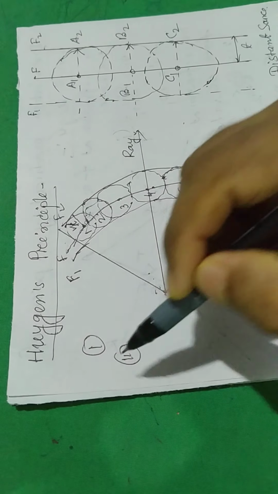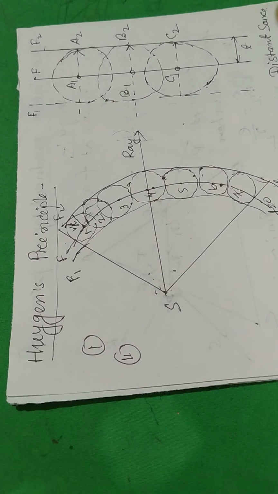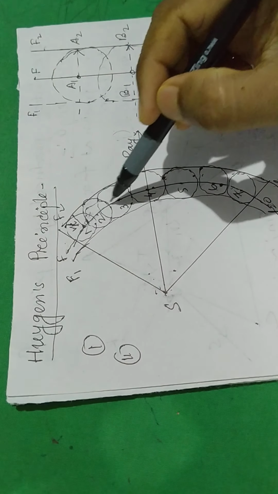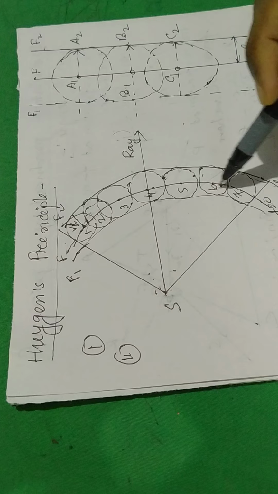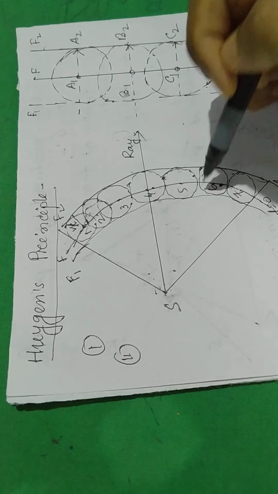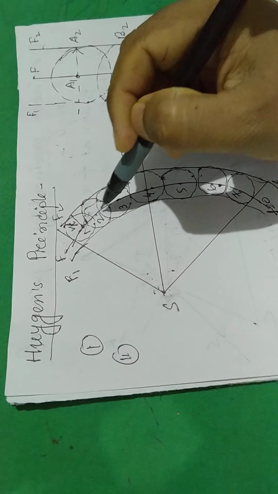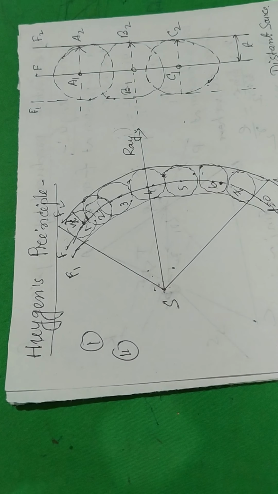Second statement: every point on a wavefront is a source of new disturbance. So here 1, 2, 3, 4, these are the points.